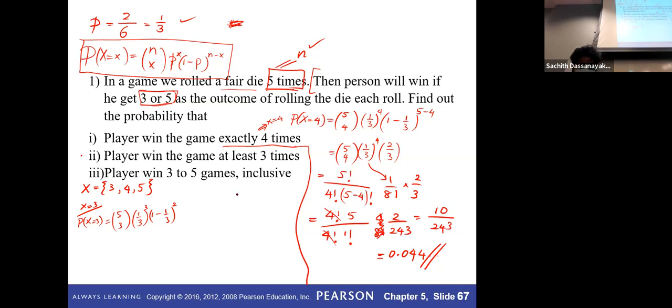Simplify this and you get the probability of exactly 3 wins. But we need 4 and 5 as well.